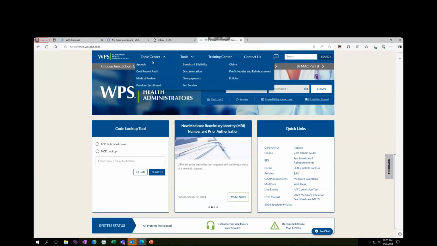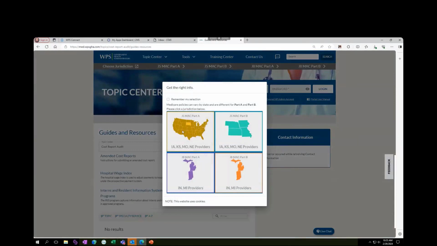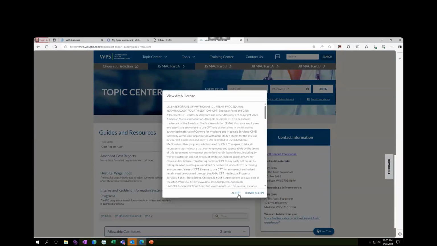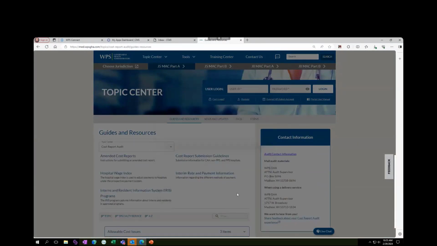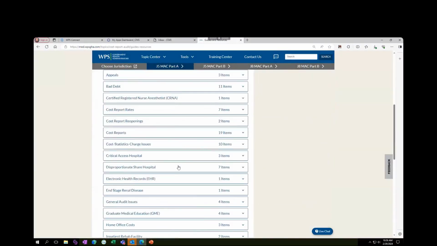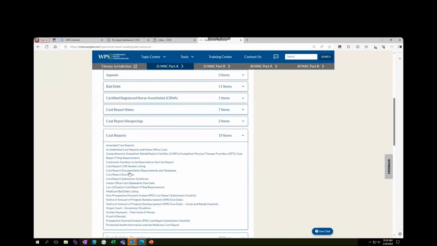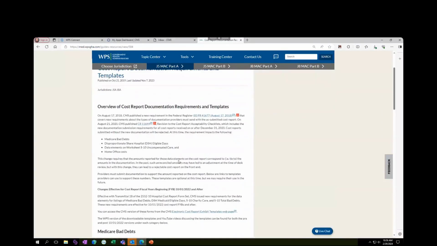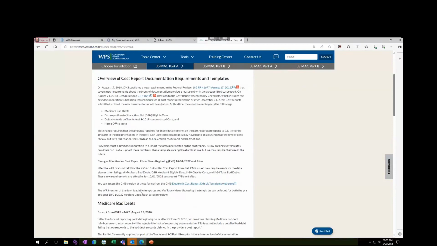But if you go to the topic center, select cost report audit, which is where all the audit related information would be, of course. Select whatever provider group you want, accept the AMA license. And if you go down here to cost reports, we have a link, cost report documentation requirements and templates. This is specifically for all those templates, for bad debt, DISH, S-10, everything.